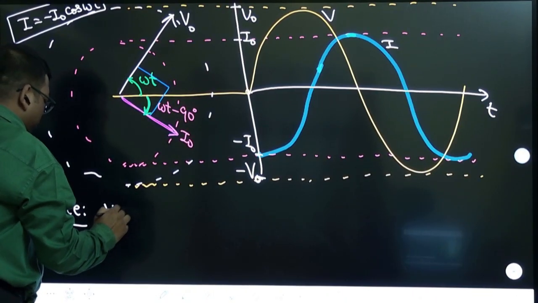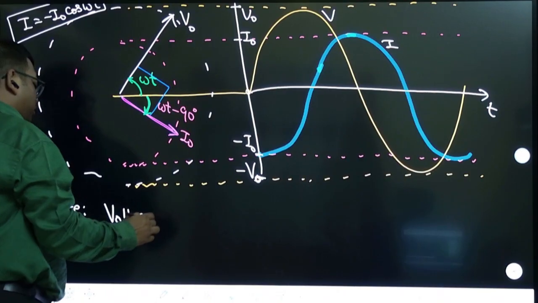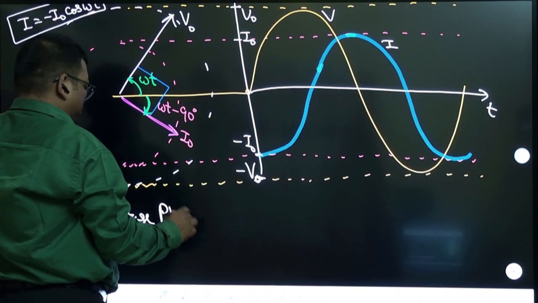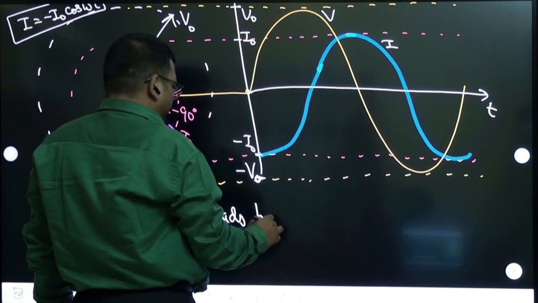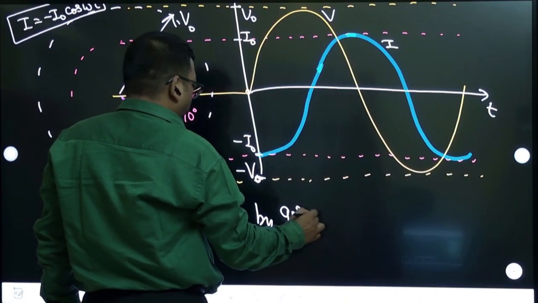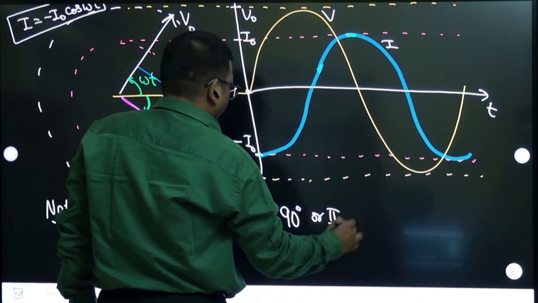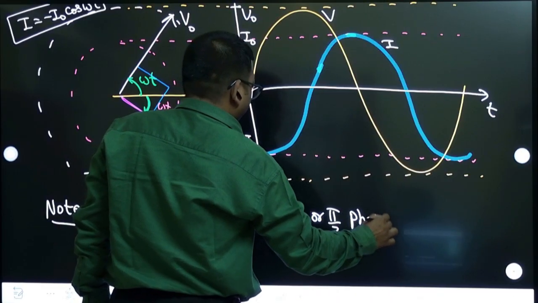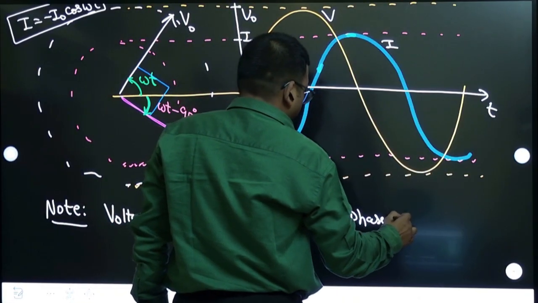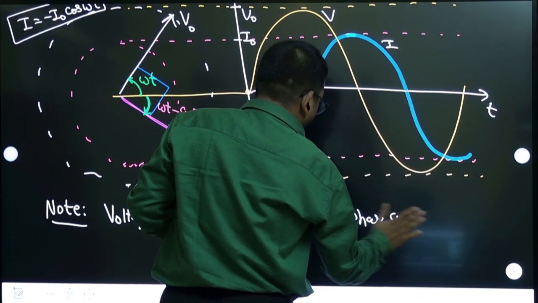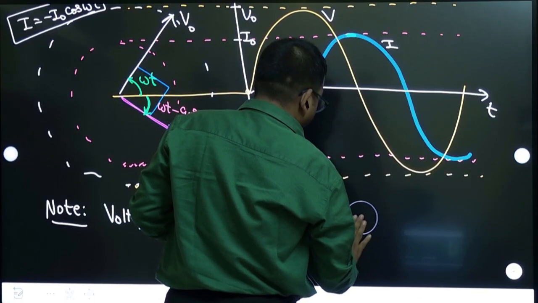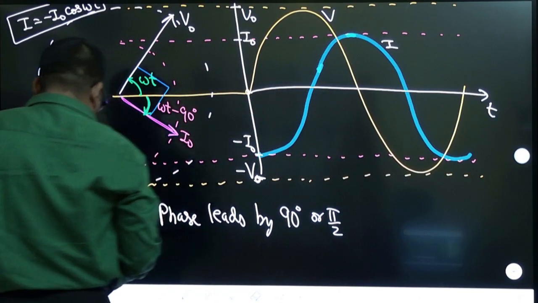So voltage phasor leads by 90 degree or pi by 2 phase angle, or just pi by 2, just leads by 90 degree.